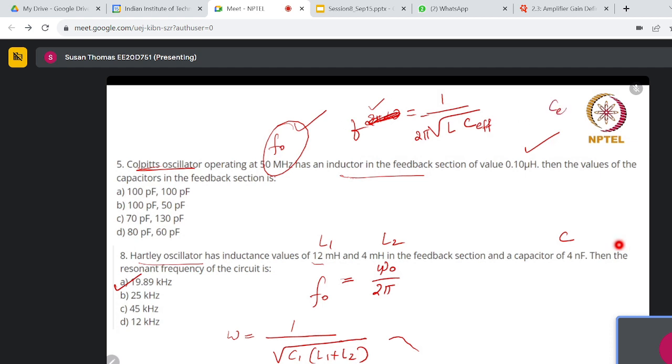Can you find C effective and then, among these options, which would be the best to choose? Best C1 and C2 to get the C effective. And you also know that C effective is C1 C2 by C1 plus C2.